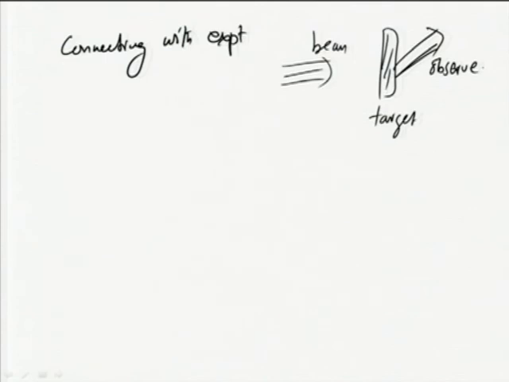So, in that case what is detected is the number of particles which are scattered into certain areas, or you go around the whole of the target and get all of the scattered particles. Or if you keep a detector at some particular angle, it will detect the particles scattering into that angle.